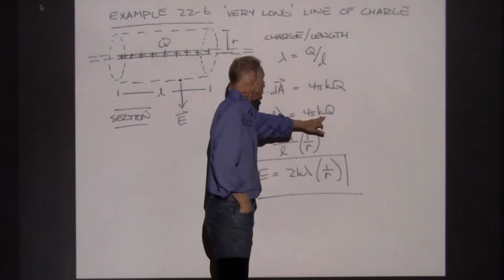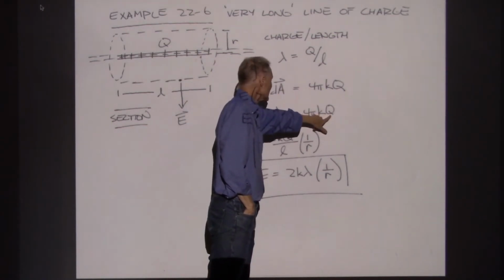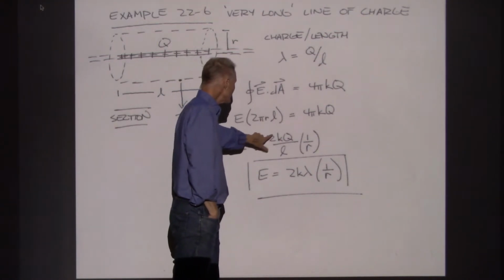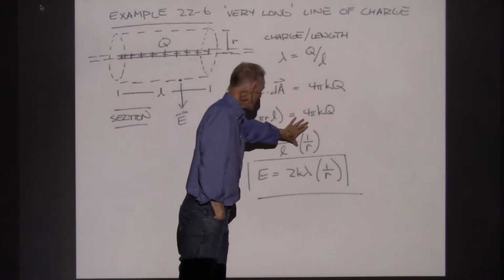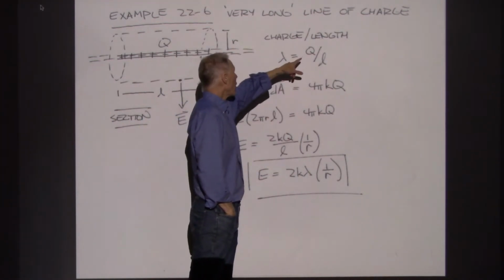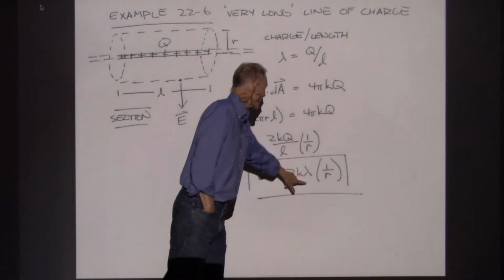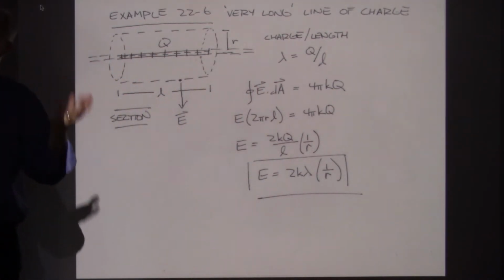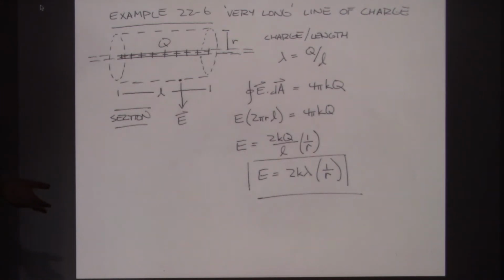And then I can set that equal to 4 pi kq, where q is the enclosed charge. That gives me an electric field that is 2kq over L times 1 over r. And then the q over L, if I want, I could rewrite that as lambda. So again, two different versions here. I could write it in terms of the total charge, or I could write it in terms of the charge per length.